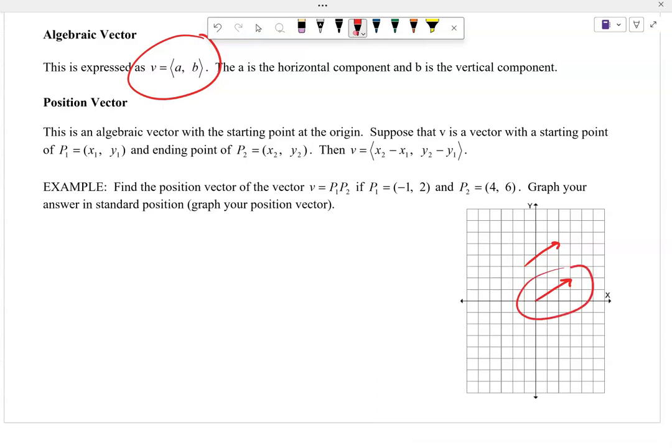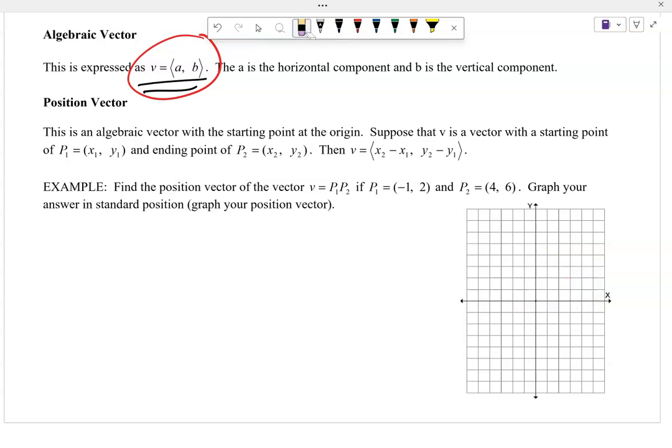But only this one's the position vector because it starts at the origin. Even though these are equivalent vectors, they both go up 2, right 3, they have the same length and direction. The position vector is the one that starts at the origin. And the algebraic vector here is giving you the coordinates from the origin, the position vector.